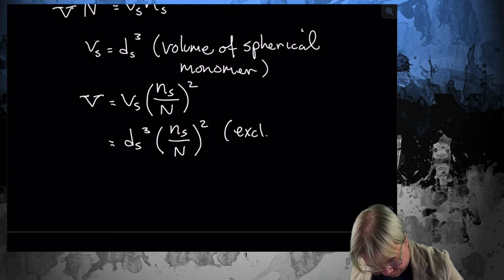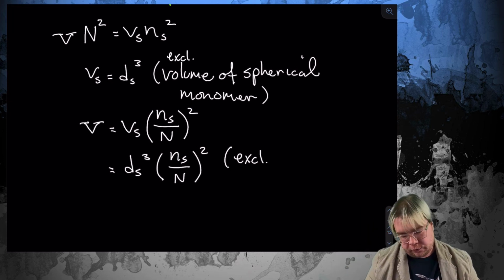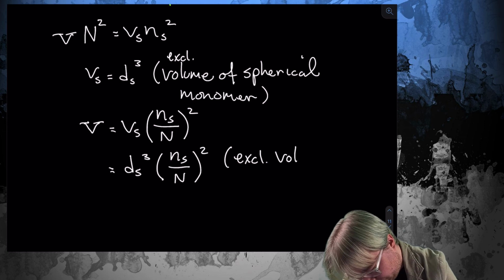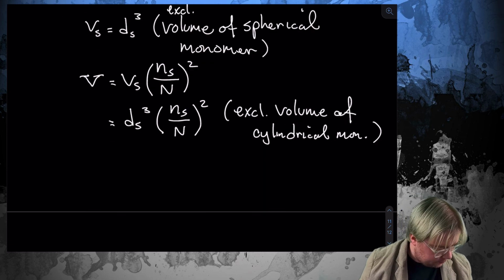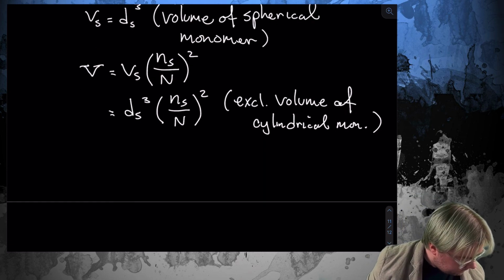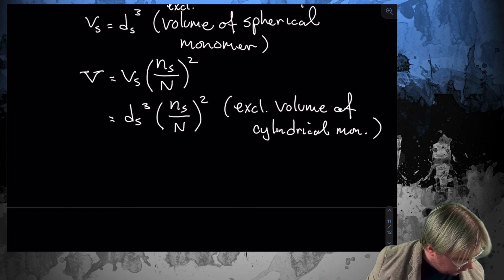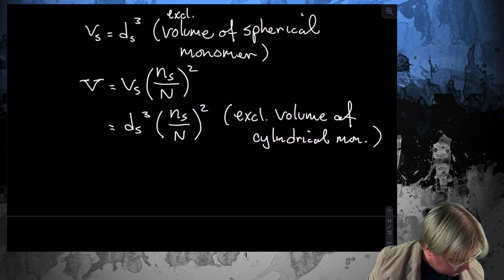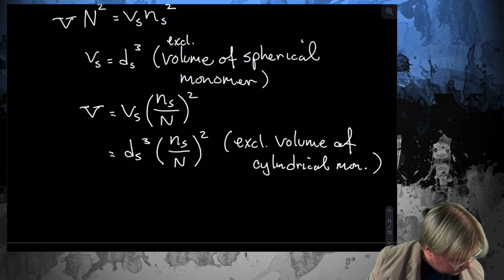Actually, I'll put excluded here. Okay, so these are both excluded volumes. This is the excluded volume of the cylindrical monomer. All right, simple enough. Sorry, I'm just checking one last thing. Yes.